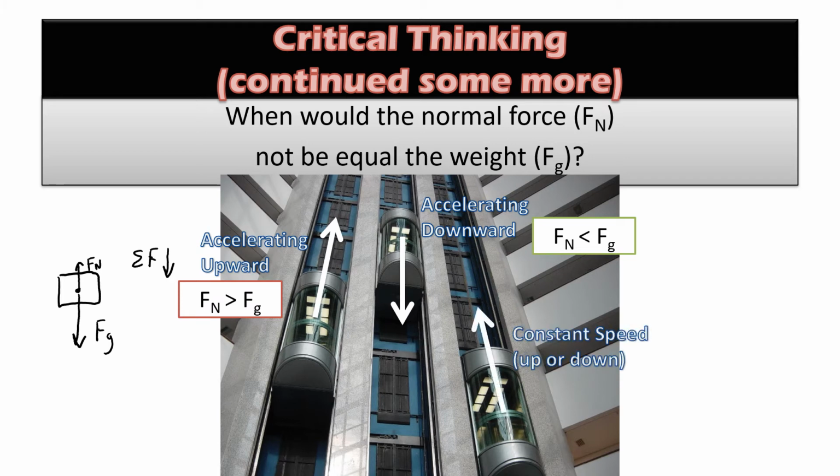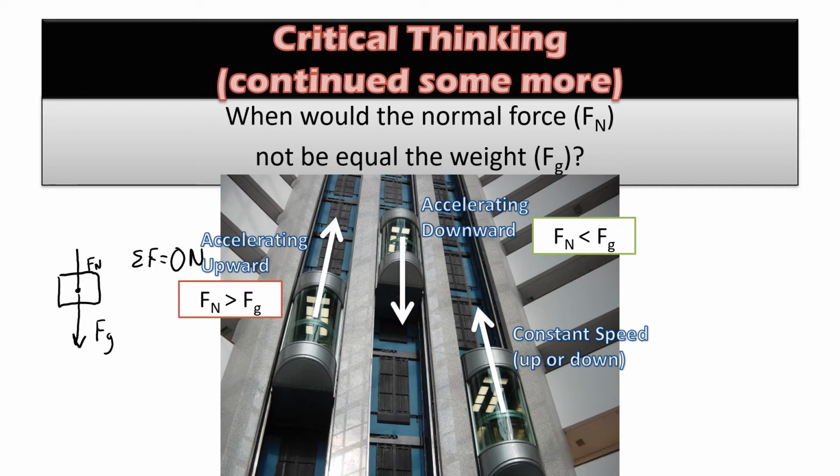Now, if you're moving at a constant speed, either up or down, what do we know? If it's a constant speed, it's a constant velocity, and you're not accelerating. So that means your net force is equal to 0 newtons, not "on." It looks like "on" when I write it like that, but 0 newtons. And if the net force, the sum of these two forces, is equal to 0, they must be exactly canceling each other out.